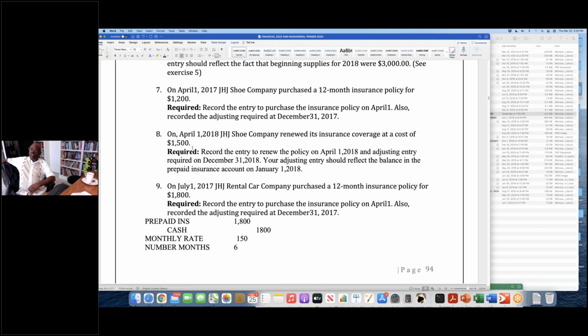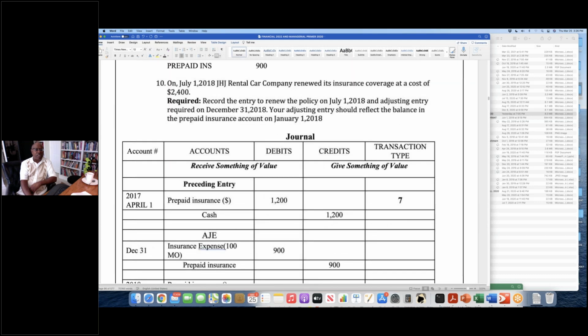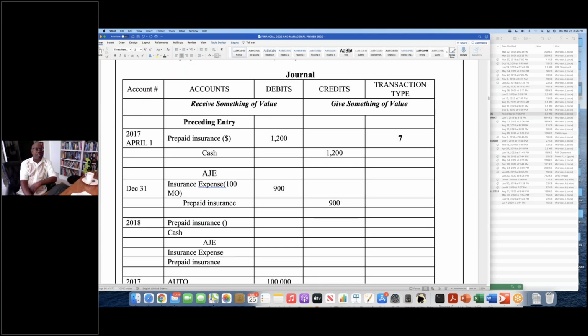If your contract started on April 1st, it expired on April 1st of 2018, then you had to buy a new policy for more. How much would you pay? As we get into the adjusting entry, we're working another one, Christian, but we're up to the next year.